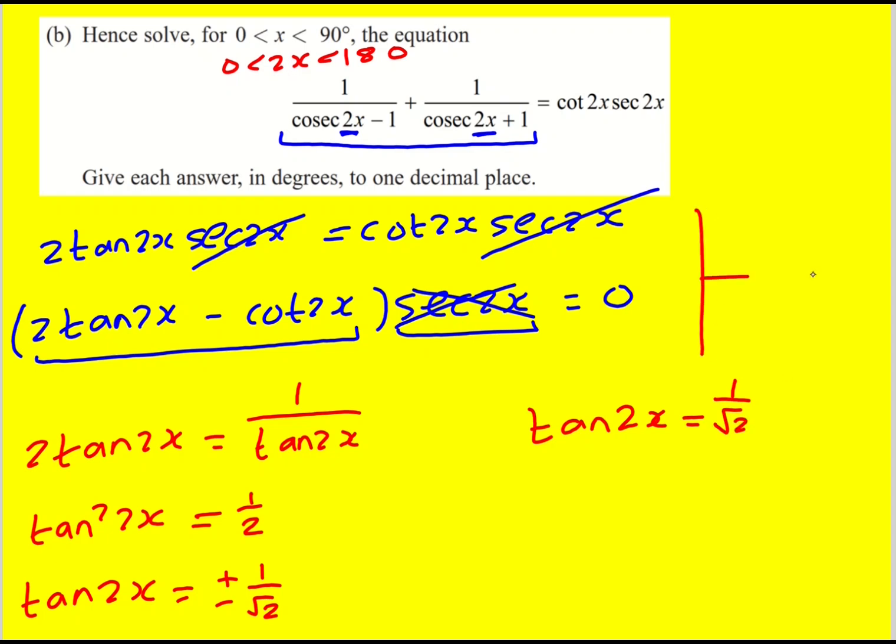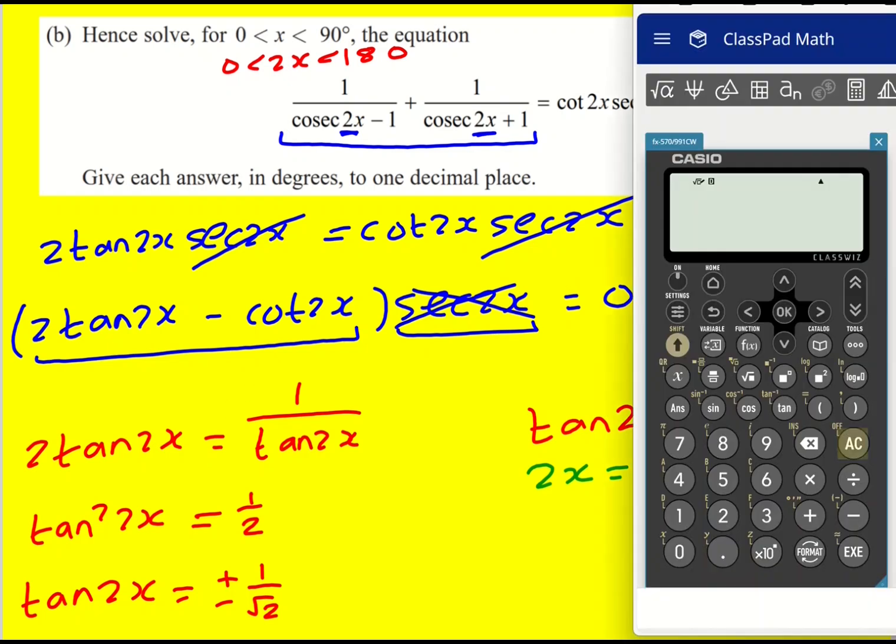Let me sketch out the tan graph in this interval. So I'm going to have it looking like that. And then we've got 90 and here. Right, so I'm going to first of all be getting this solution here. 2x is going to be inverse tan of 1 over root 2. Make sure your calculator is in degrees.